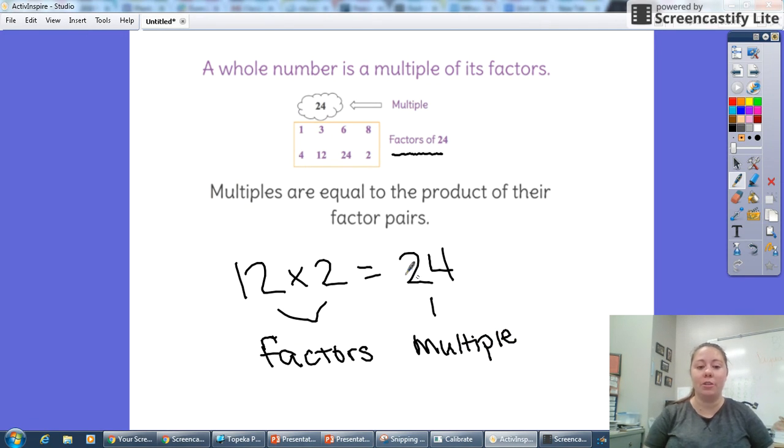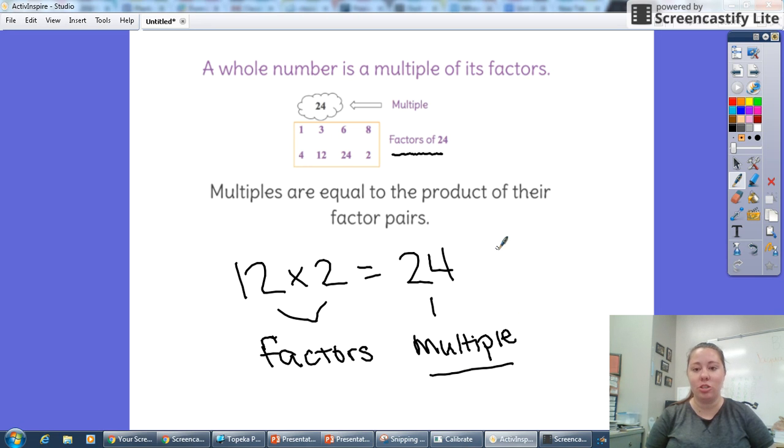So if I counted by 12 two times, 12, 24, I'm going to end up with 24 as the multiple. Whereas if I counted by 2 twelve times, 2, 4, 6, 8, 10, 12, 14, 16, 18, 20, 22, 24, I'm going to land on 24. 24 is the multiple. Multiples are a product of factors.